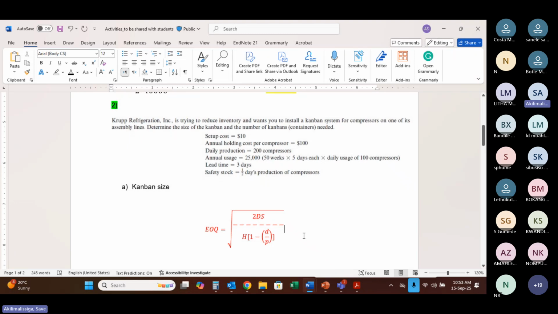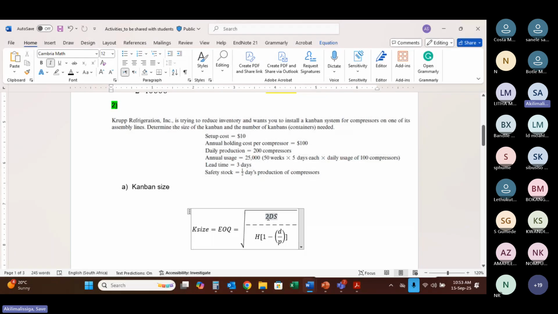Good. So this is what you have. Now Kanban size equals EOQ. Again, we're going to make use of the information provided in this statement.